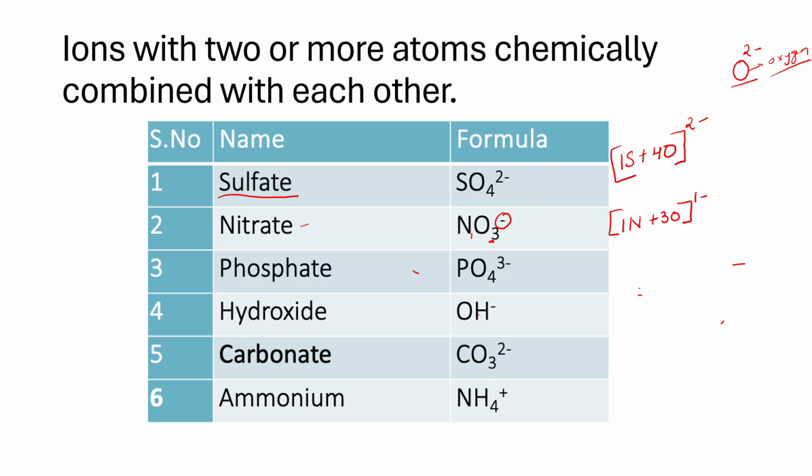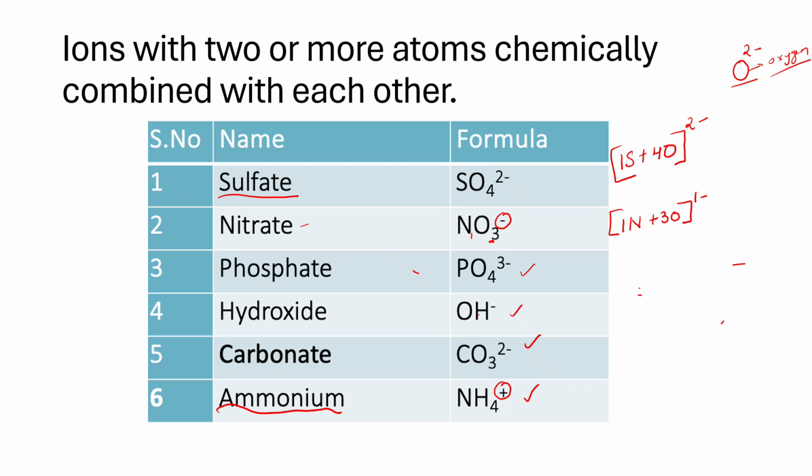I hope you can make similar correlations with the other polyatomic ions. Now, one polyatomic ion that stands apart from the others is ammonium. And the reason is that while other polyatomic ions have a negative charge, ammonium has a positive charge.